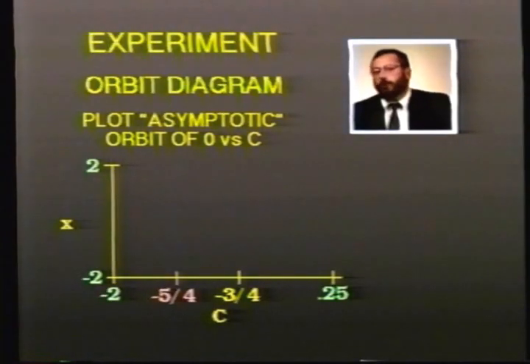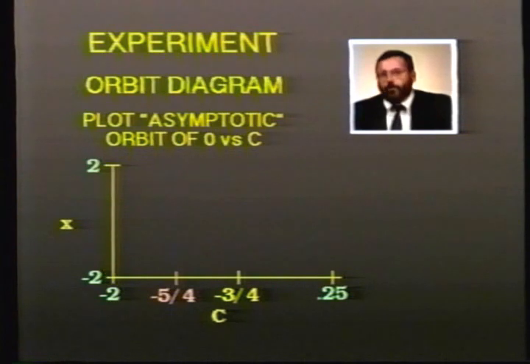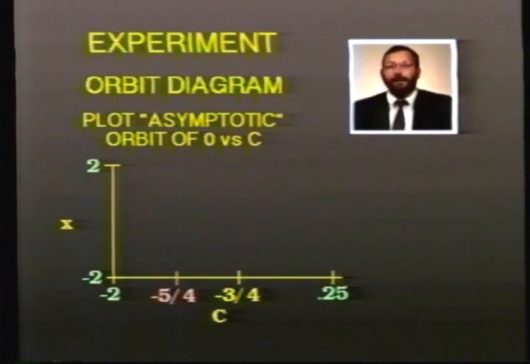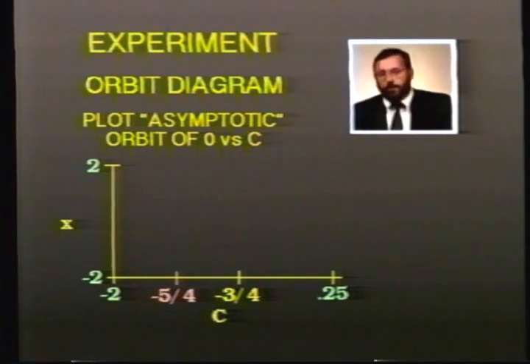Now let's try to put all of this information together. What I'll do is use the computer to paint the picture of the orbit diagram for x squared plus a constant. What the orbit diagram is basically the asymptotic orbit of 0 for a variety of different c values.